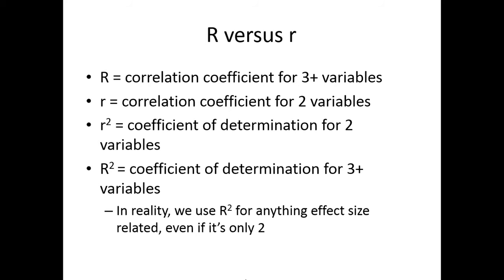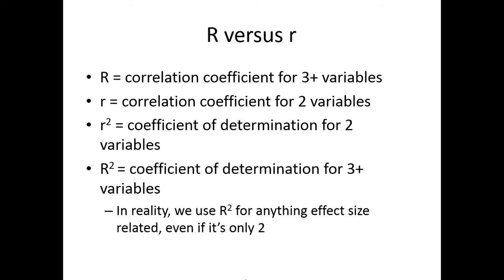This is not in the book, and this confuses the heck out of people. So this is for this week and next week. Big R, capital R, is the correlation coefficient for 3 or more variables. That's used in multiple regression, when I have the relationship between lots of x's and one y. Little r is 2 variables, 1 x, 1 y. Little r squared is the effect size for 2 variables.